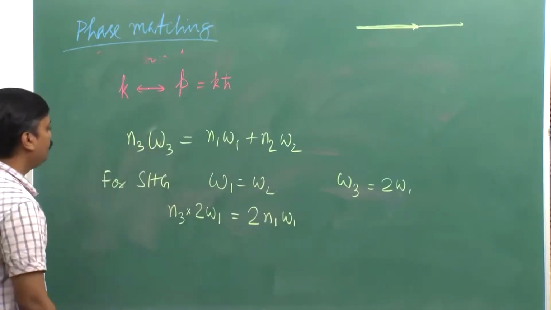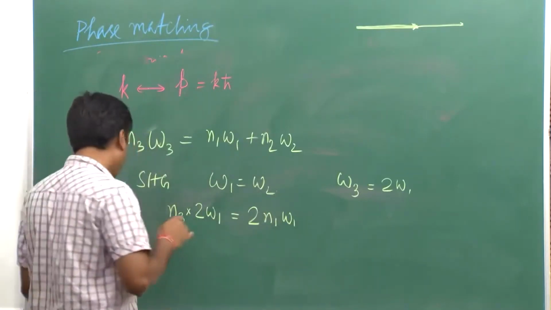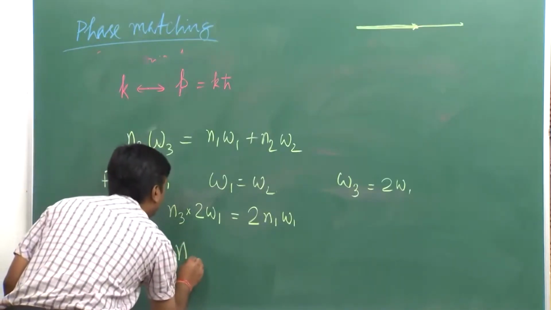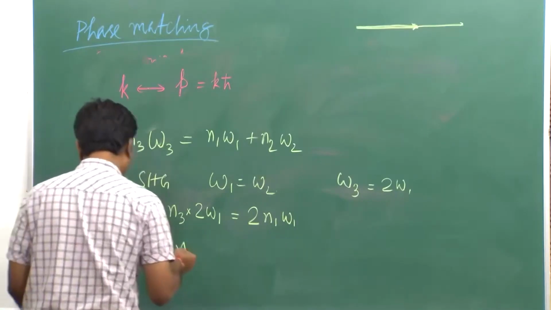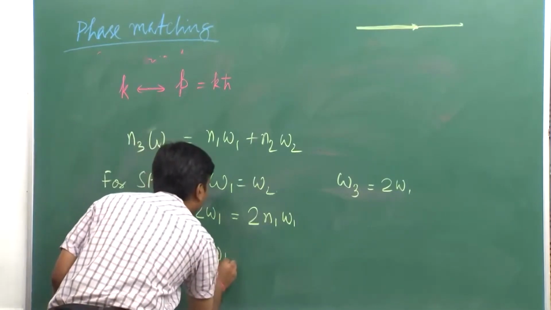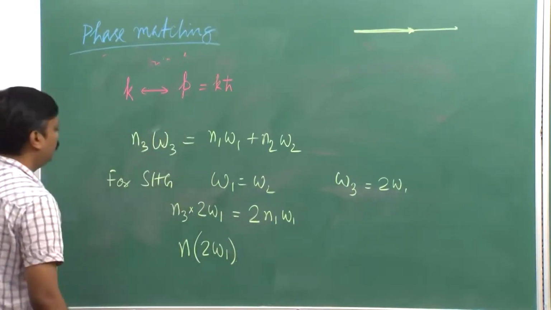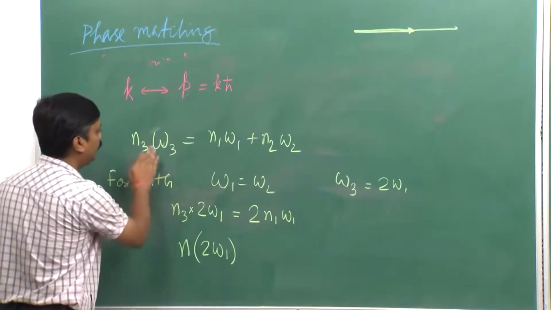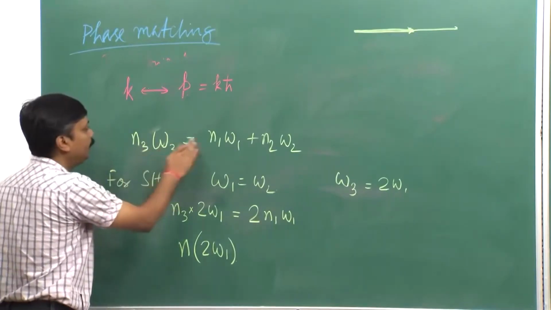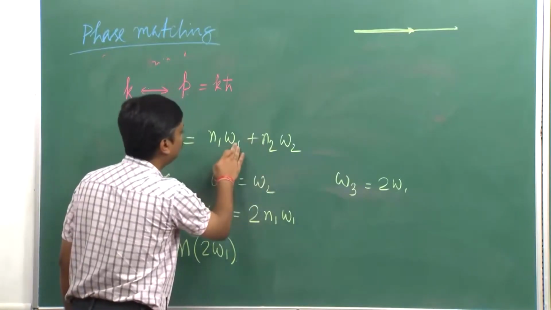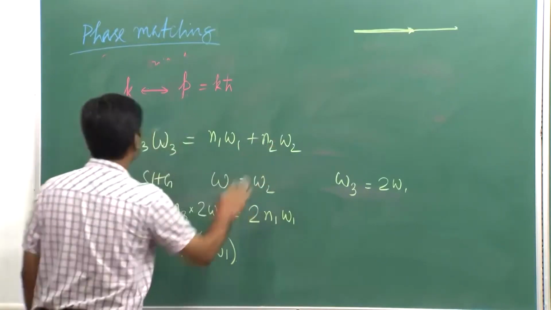Now, this is true only when, to start with, n3 is a function of omega 3, n1 is a function of omega 1, n2 is a function of omega 2.